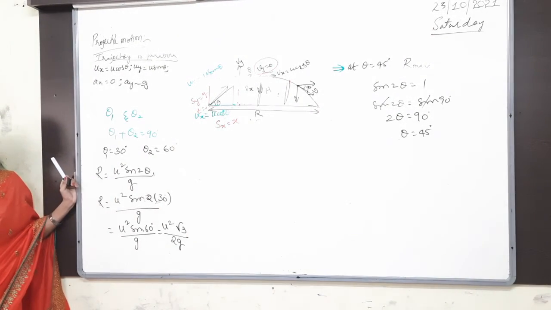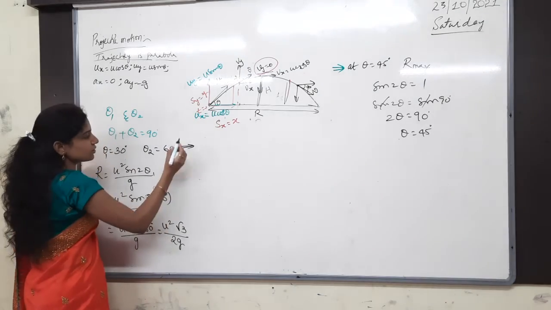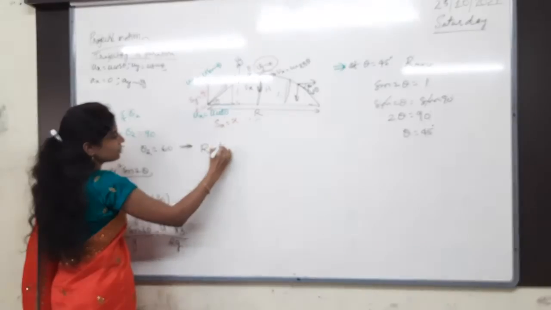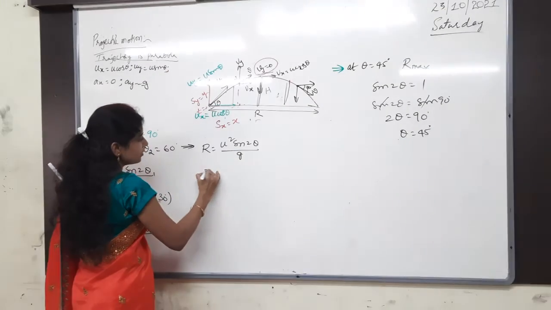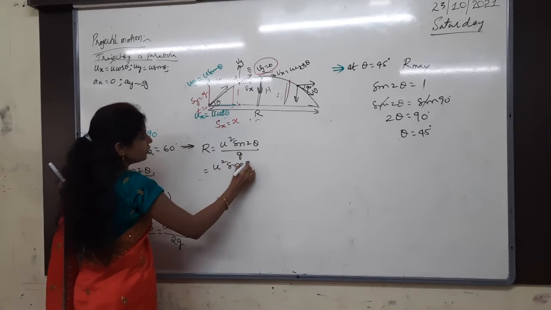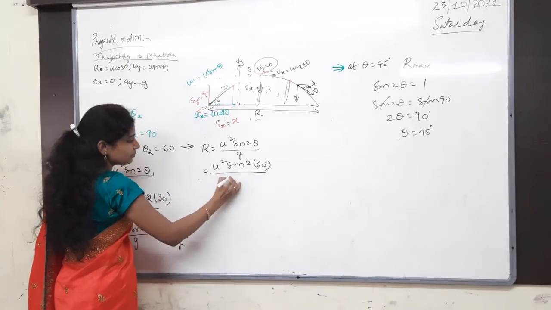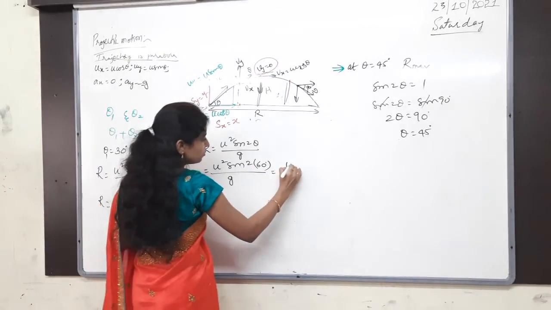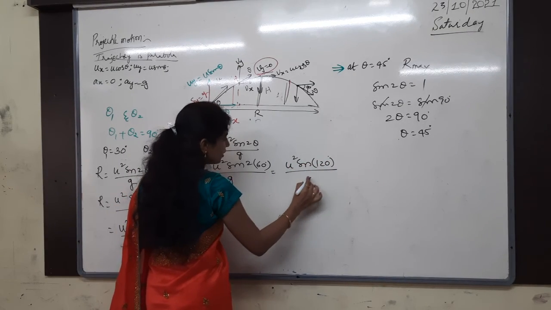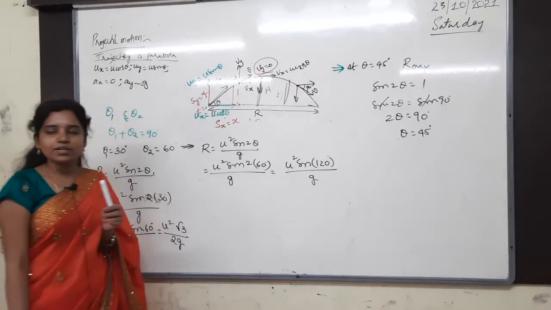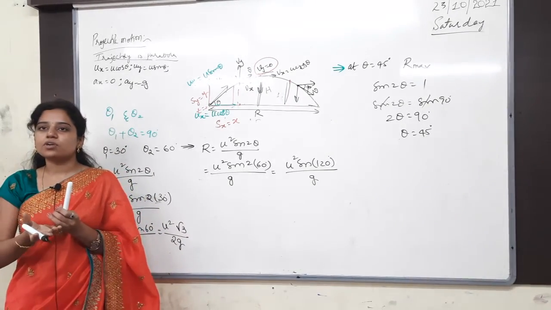That was for theta equal to 30 degrees. Let us check with theta equal to 60 degrees. R is equal to, what is the formula again? U square sin 2 theta by G. Sin 2 into theta, I have taken 60 degrees, divided by G. So U square sin 120 by G. Sin 120 is equal to what?